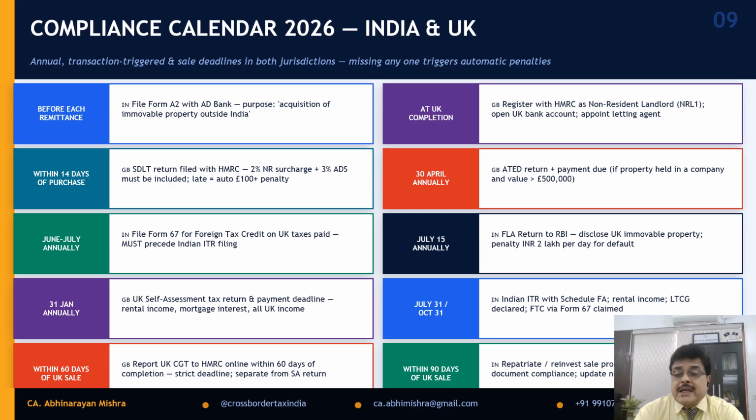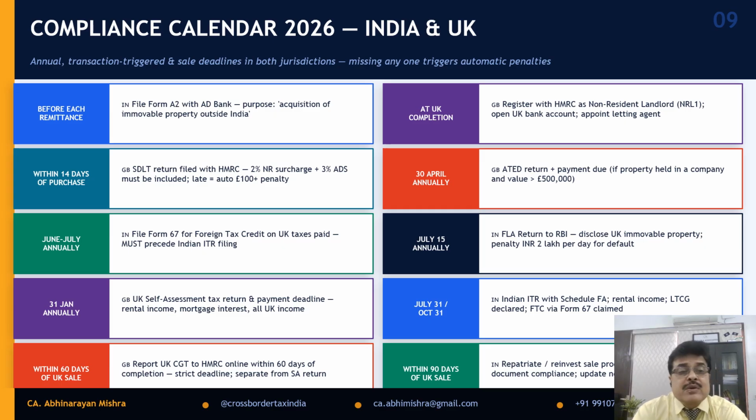Now, for the calendar year 2026, before each remittance, you must file Form A2 with the AD Bank with the purpose code acquisition of immovable property outside India. Within 14 days of purchase, at UK completion, register with HMRC as a non-resident landlord, open a UK bank account, and appoint a letting agent.